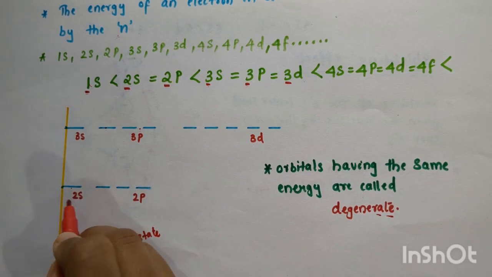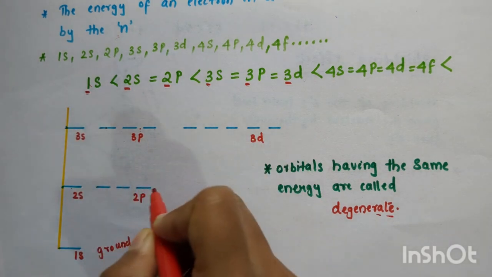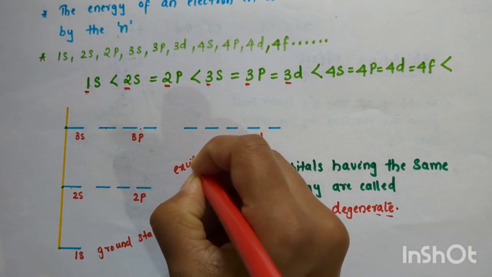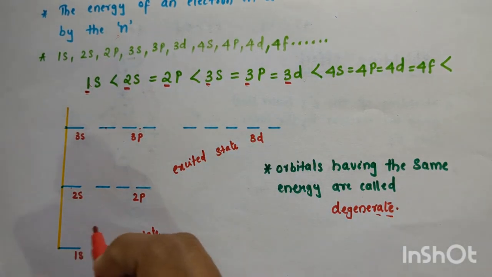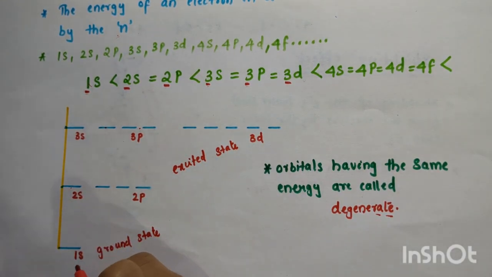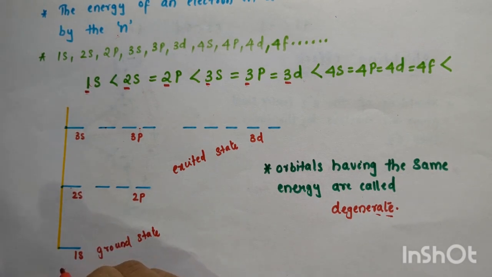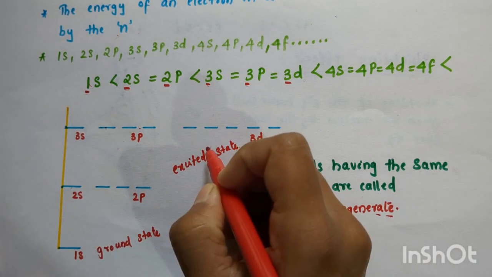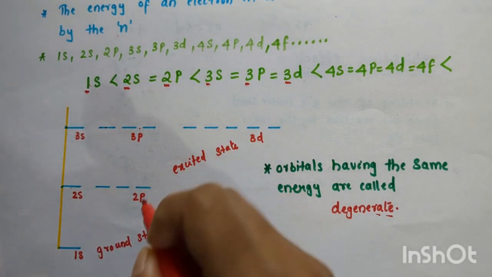An electron in the 2s, 2p or higher orbitals 3s, 3p, 3d, etc. in a hydrogen atom is in the excited state. So, an electron in the 1s orbital is in the ground state, the most stable state. An electron in the 2s, 2p or higher orbitals 3s, 3p, etc. is said to be in the excited state.